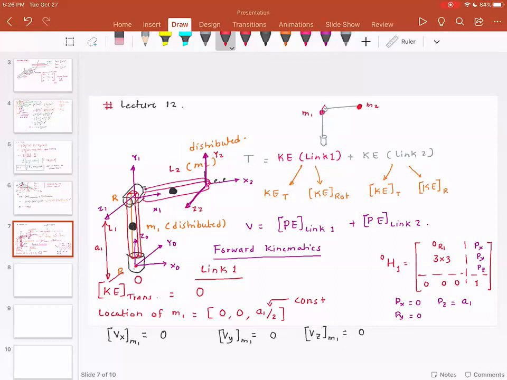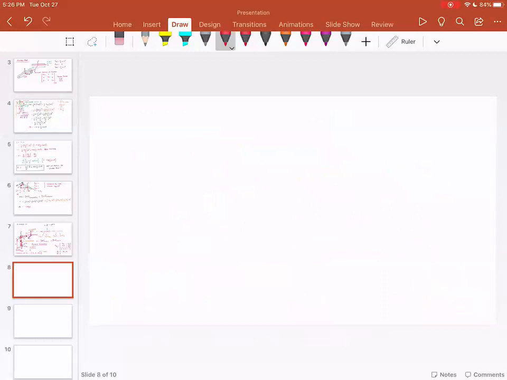Now, I want to go a step further. We will continue our analysis on link 1. We are still on link 1. I want to find out the kinetic energy of rotation.